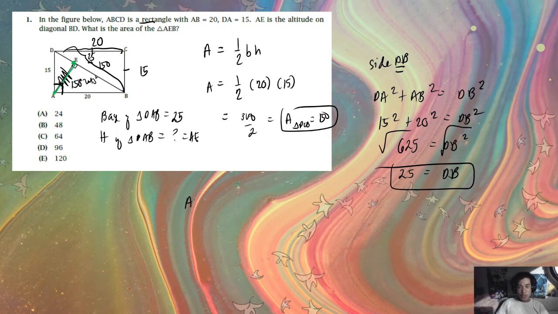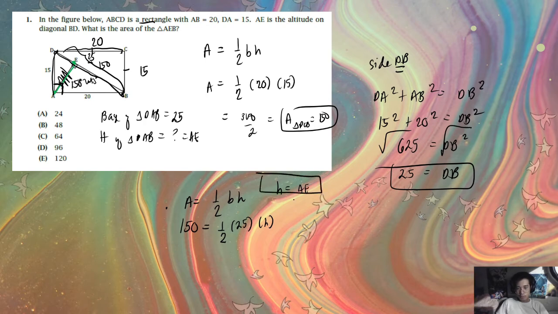How can we solve for the value of AE, or the height? Again, we're going to use the formula for the area of a triangle, 1/2 base times height. Since we know that the area of triangle DAB is 150, we can equate that: 150 is equal to 1/2 of the base, which is 25, times the height, which is the AE we're looking for.